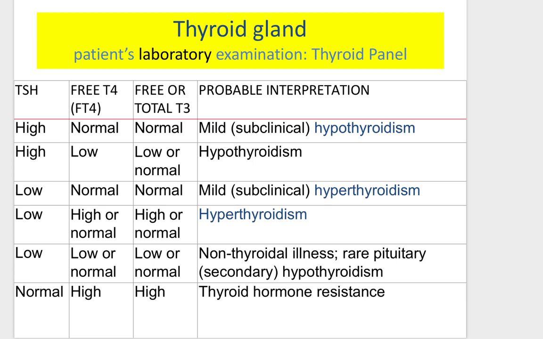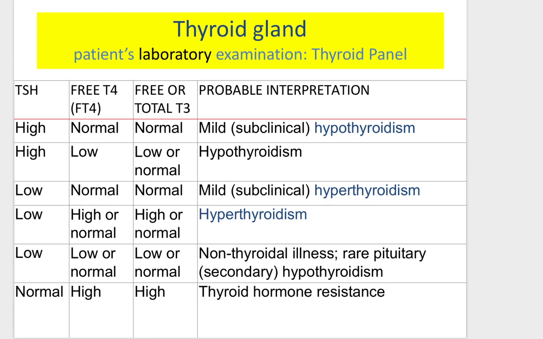The opposite situation, when TSH is low but T3 and T4 are normal, we name mild subclinical hyperthyroidism or thyrotoxicosis. The situation when TSH is high, T4 is low and T3 is low or normal, we name clinical hypothyroidism.